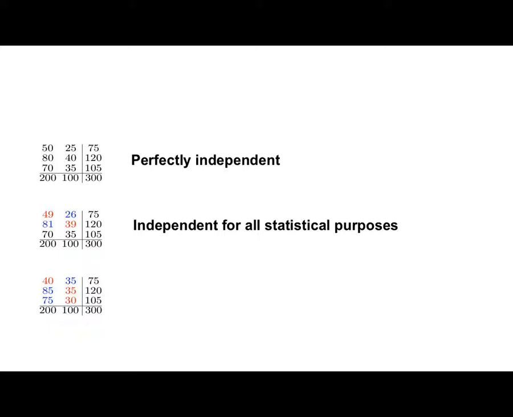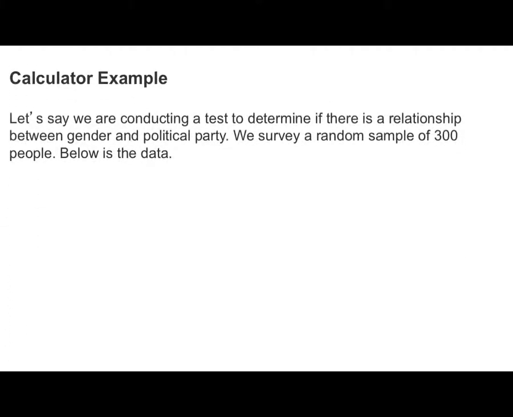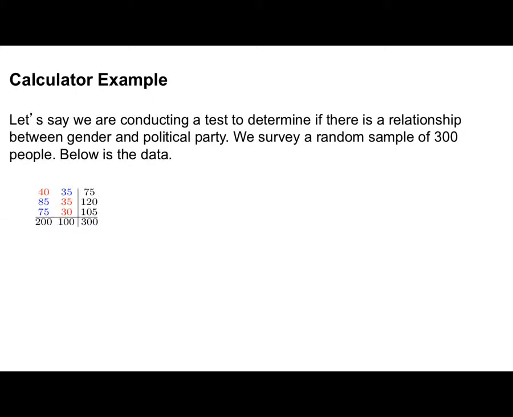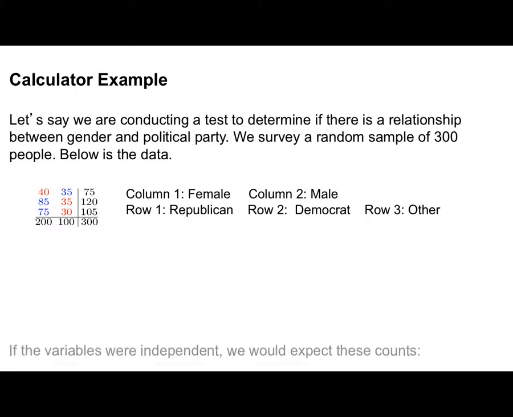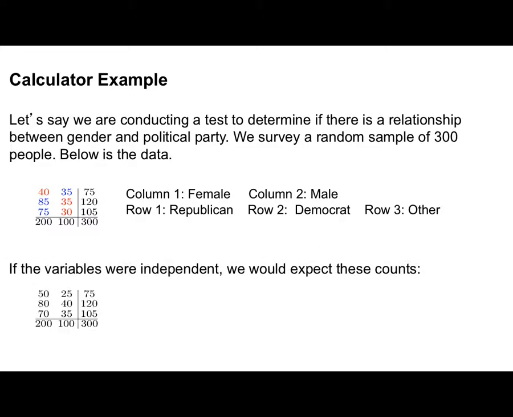Okay, so how to do this in the calculator? Those are not independent, but I'm going to show you why they're not independent. Okay, so this is what I just said. This is what happened if the events were independent. This is what we would expect. Okay, do you guys remember how to edit a matrix on your calculator?